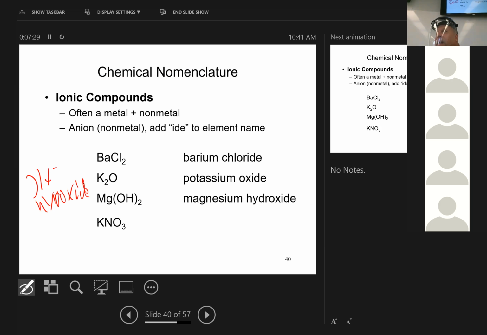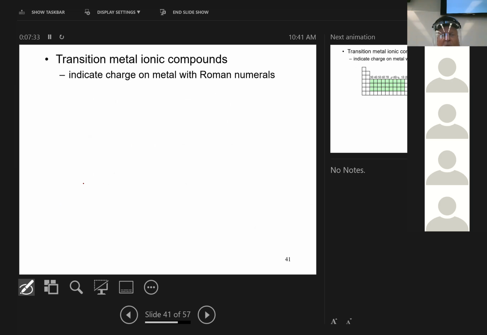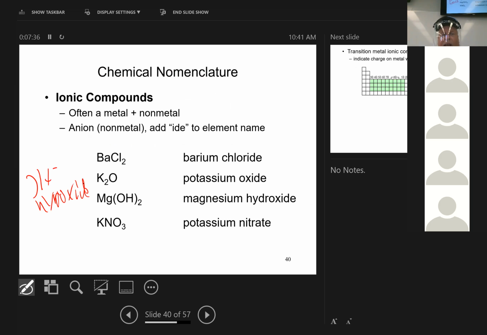And then that one, potassium nitrate, yeah, that's a new rule. But unfortunately, the slide doesn't give the second rule. It says add ide to the element name. When you add oxygen, it adds ate. So this is plus oxygen is the ate. Then you can have ite. What's KNO2? Potassium nitrite. Yes, wonderful. Okay, what is this?